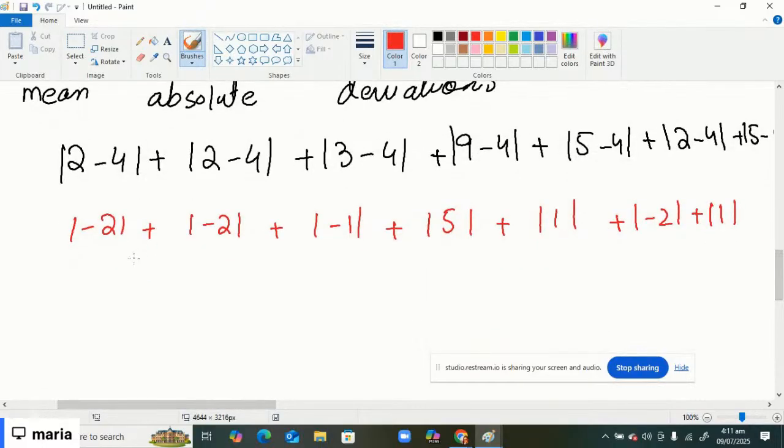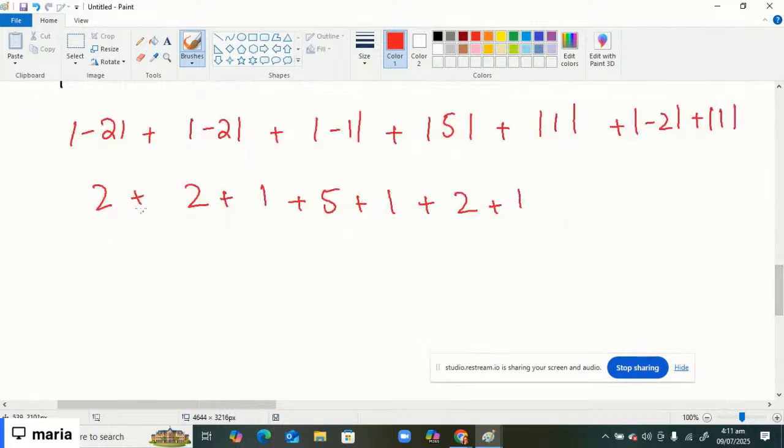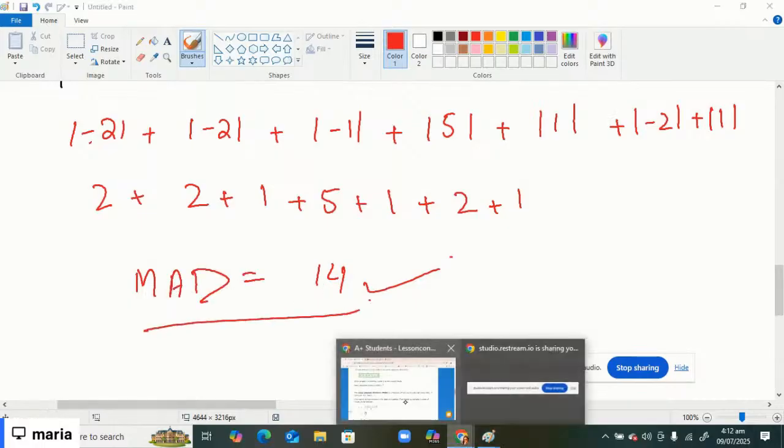This is 2, then 2, and then 1. All the negative numbers can be changed into addition. We are going to add up this way. This is negative; when we take the absolute, it turns into a positive number. So 10, 11, 12, 13, and 14. So the total is 14. This is the mean absolute deviation, and the total is 14.